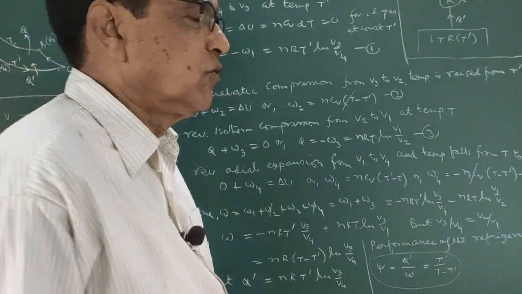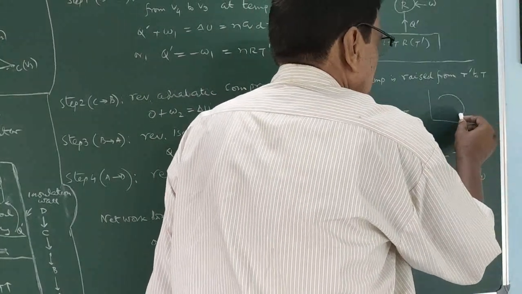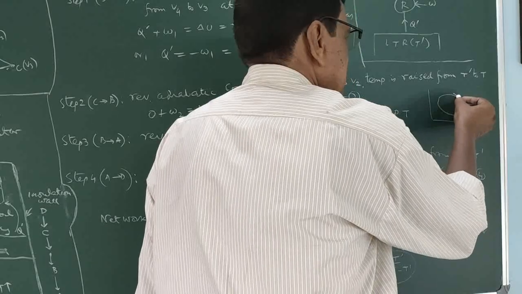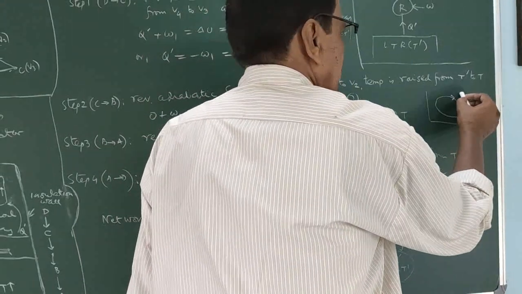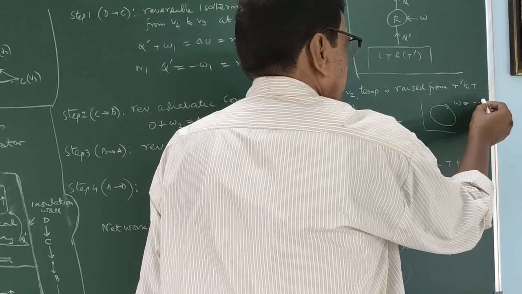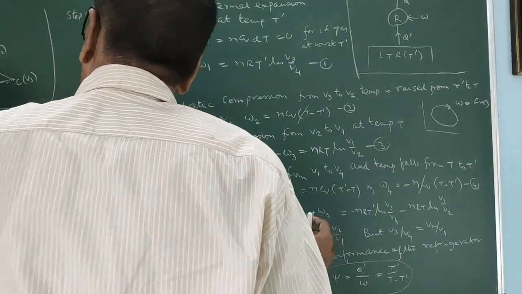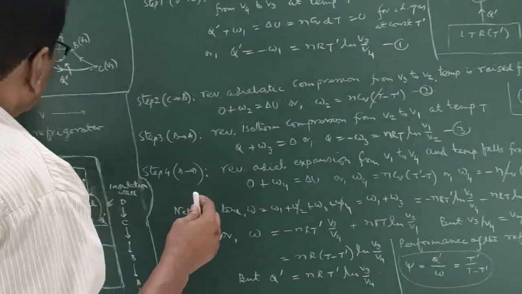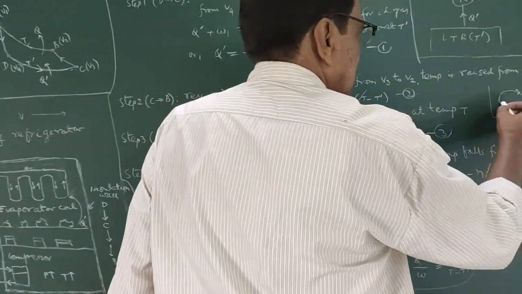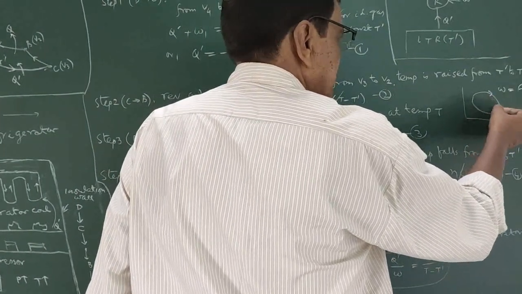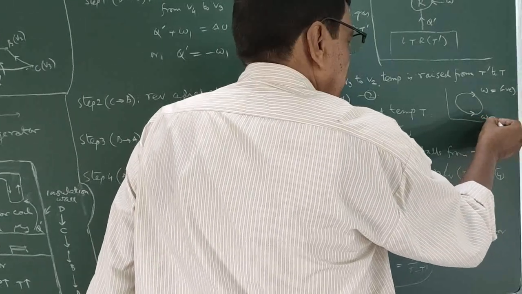It is a general rule: if the cycle works clockwise, then W will be negative. But here the refrigerator runs anti-clockwise. Whenever it is anti-clockwise, then W becomes positive.